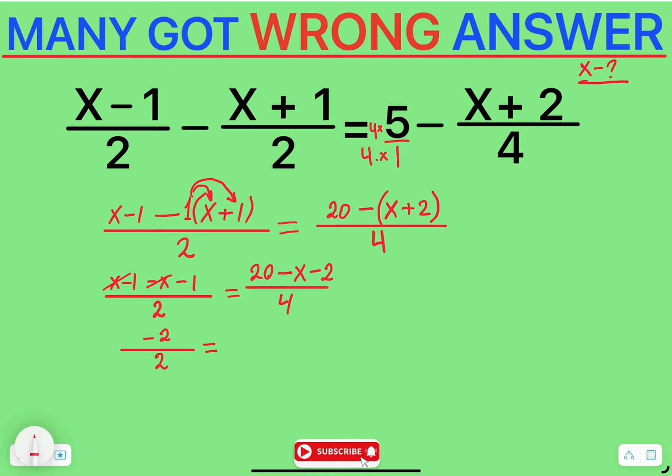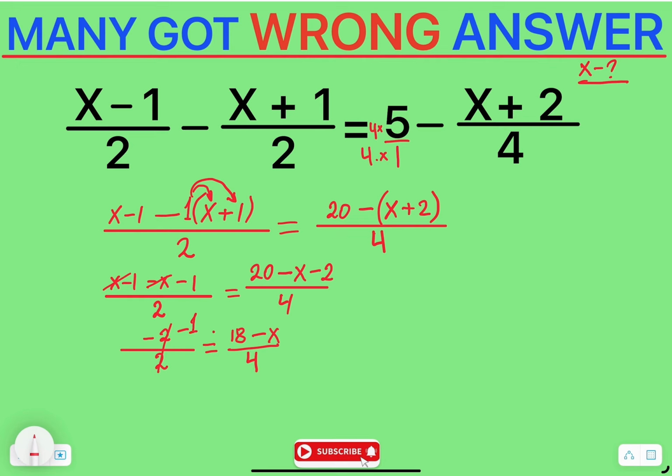Equals to, here, like terms, 20 and 2, right? 20 minus 2 will be 18. Minus x, there is no more x to combine, divided by 4. Minus 2 divided by positive 2 will be negative 1.